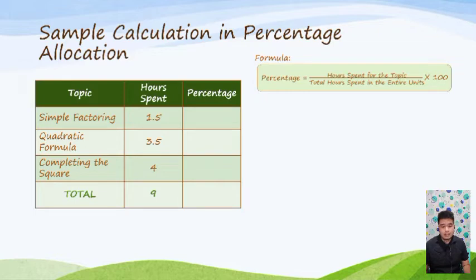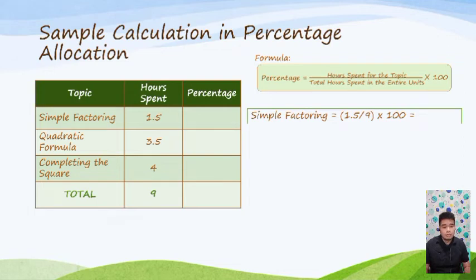So the solution for simple factoring is 1.5 over 9 multiplied by 100. We have the result 17%. So let's put 17% in the table.